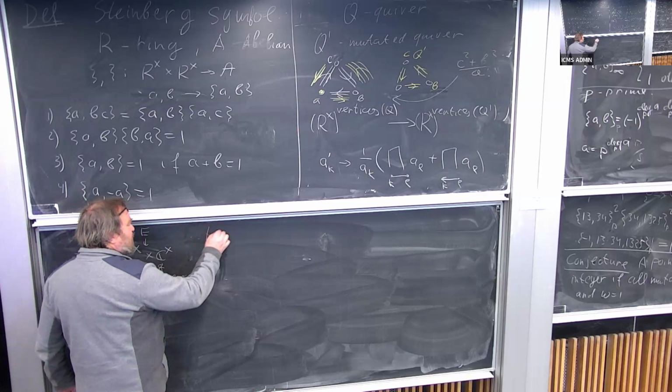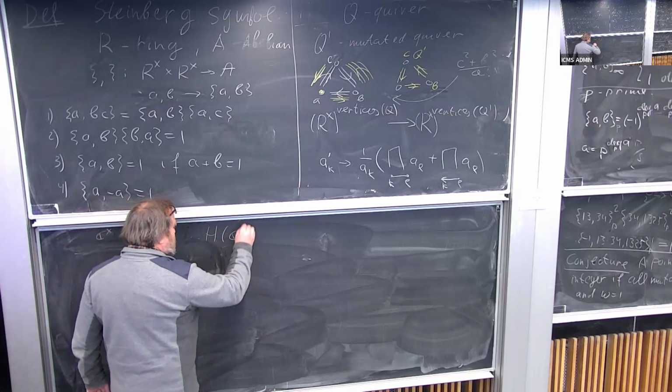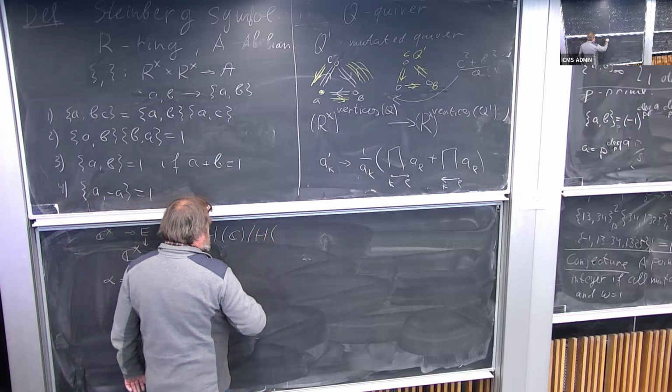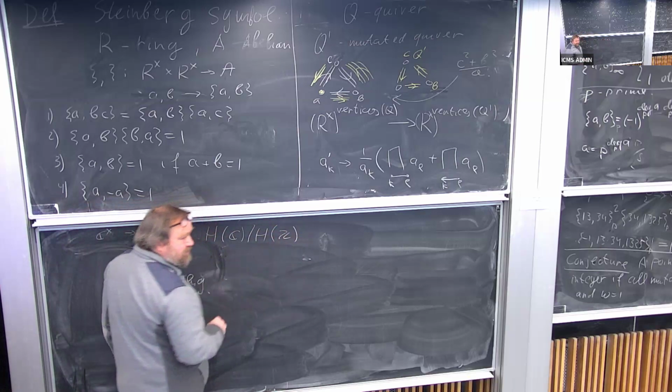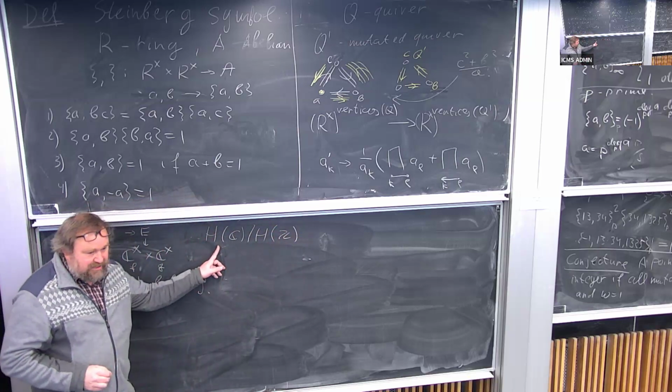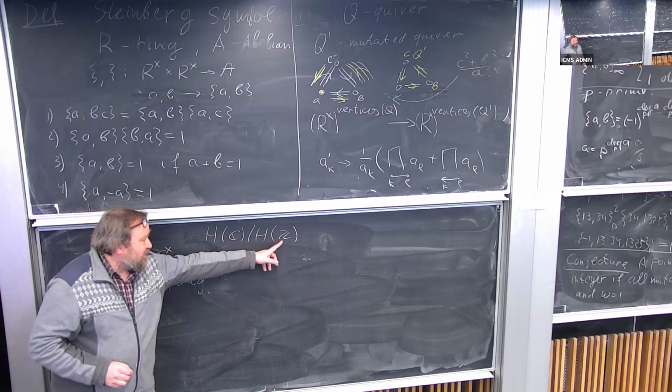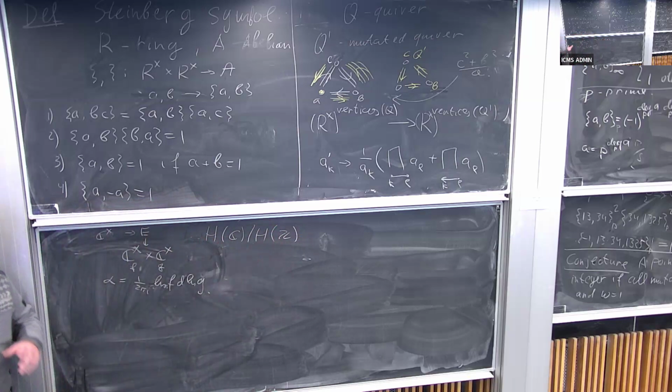You take the Heisenberg group over complex numbers, 3 by 3 upper triangular matrices with complex numbers, and take a quotient by the Heisenberg group of integers, the upper triangular matrices of integers.